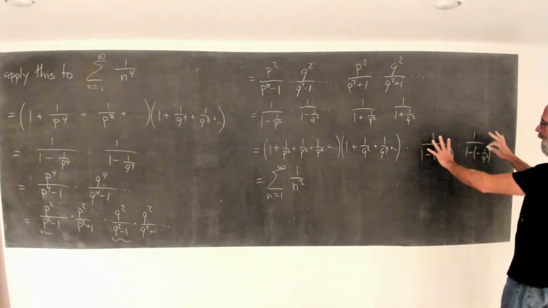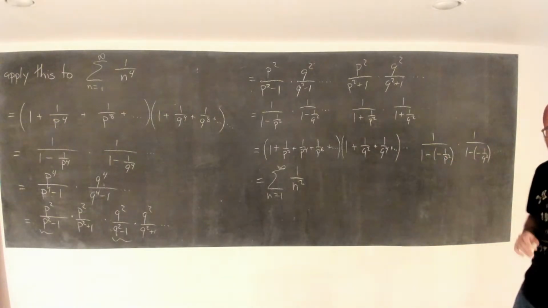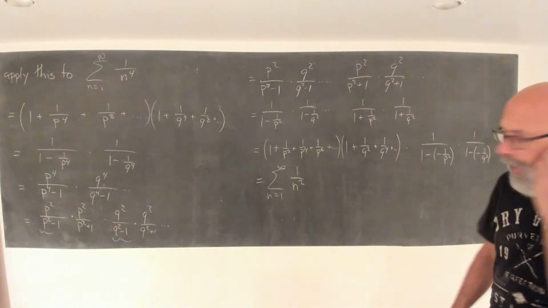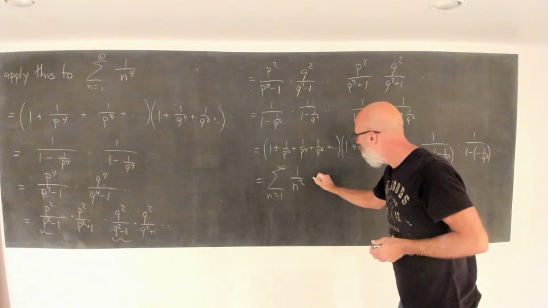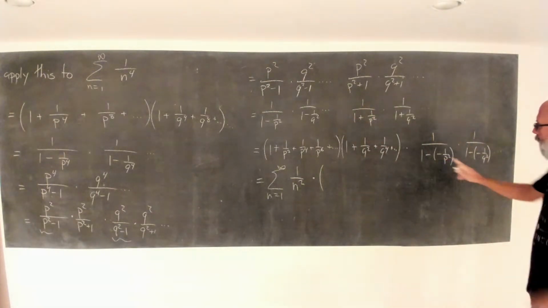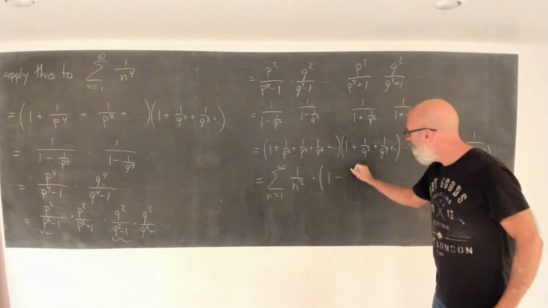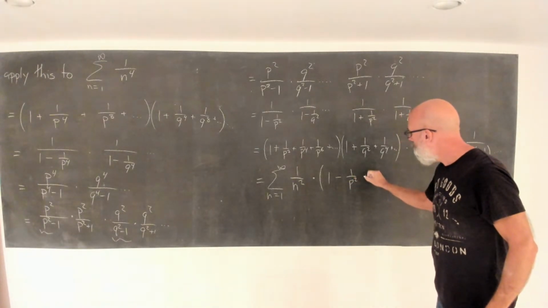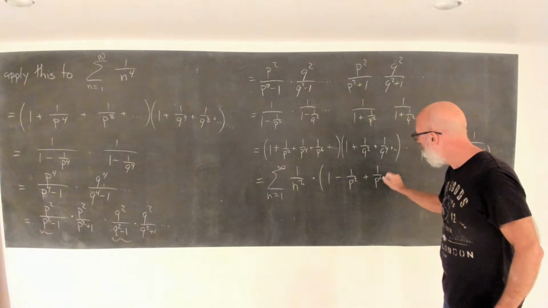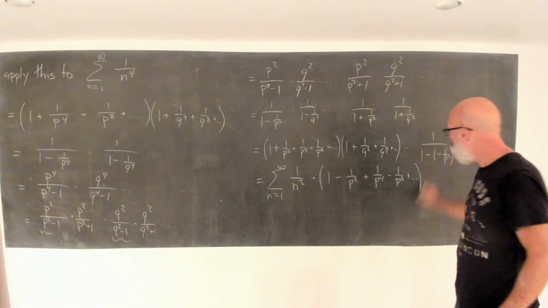So you see, it's this series, or the series corresponding to these things, that will give us what we want. So what is that? Well, this is 1 minus 1 over p squared plus 1 over p to the 4 minus 1 over p to the 6, and so on and so on.